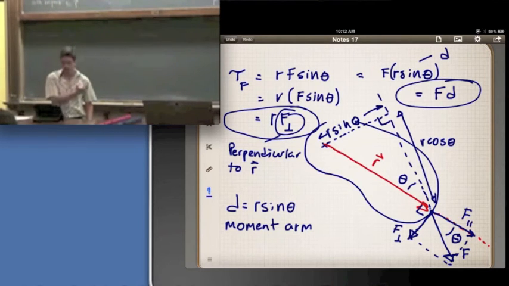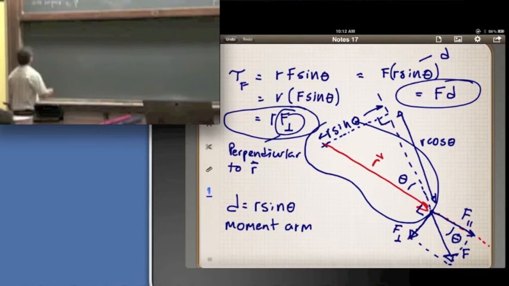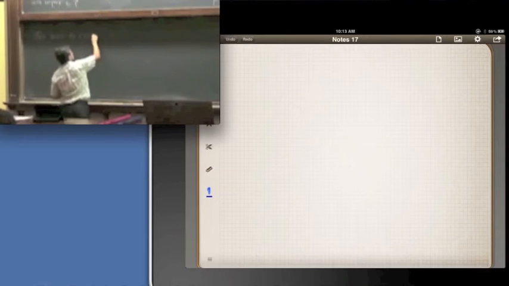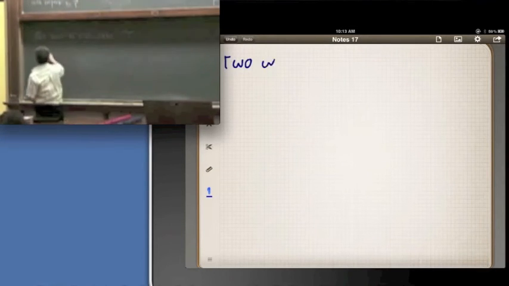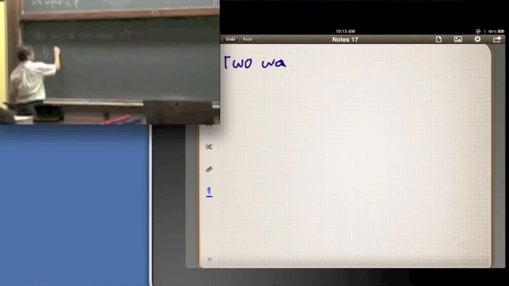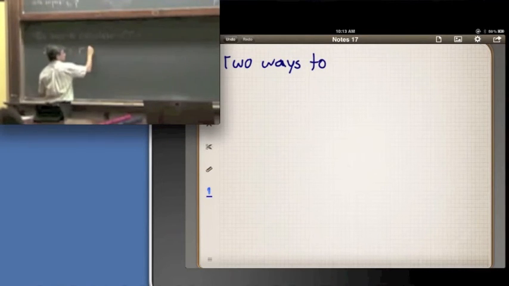Why would you want to have two different equations for torque? It depends on the problem. One of them might be easier than the other. Right? So what I'm saying is that there are two ways to calculate torque. One is use this.